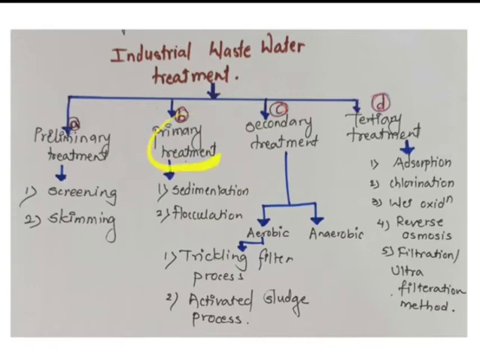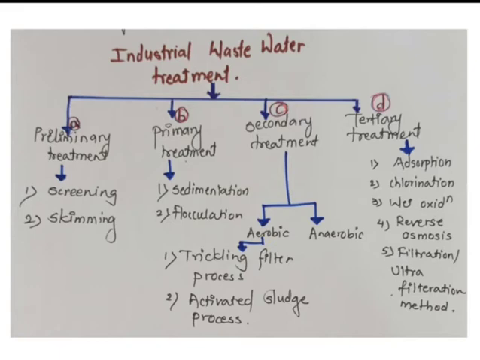In the primary treatment, sedimentation and flocculation are involved. Then in the third process, secondary treatment, there are 2 subtypes, aerobic wastewater treatment and anaerobic treatment. The aerobic process involves the trickling filter process and the activated sludge process.